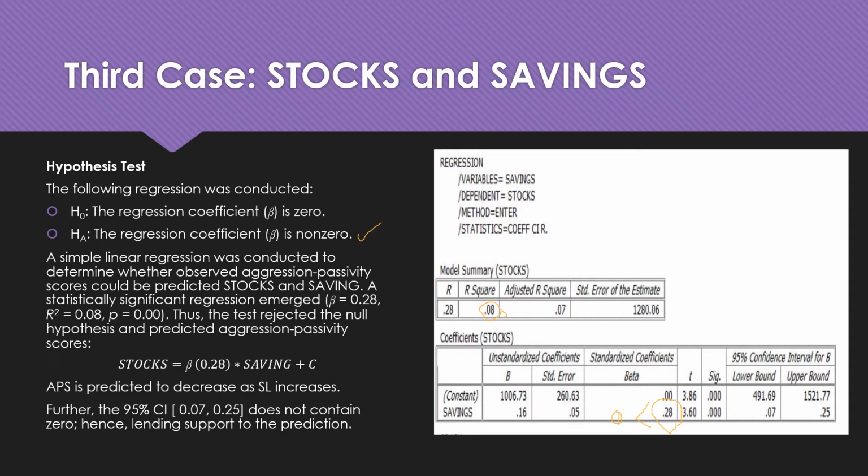And the p-value as well is 0, and 0 is not located within the CI, so we are accepting the alternative. As said, the value is 0.28, the R value is 0.08, and the p-value is 0. That means we are rejecting the null hypothesis.